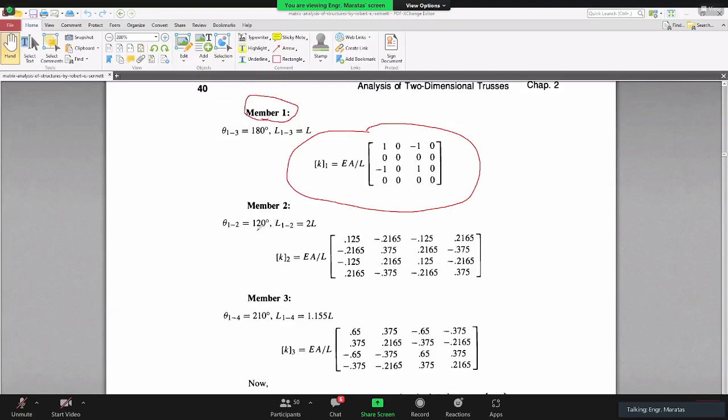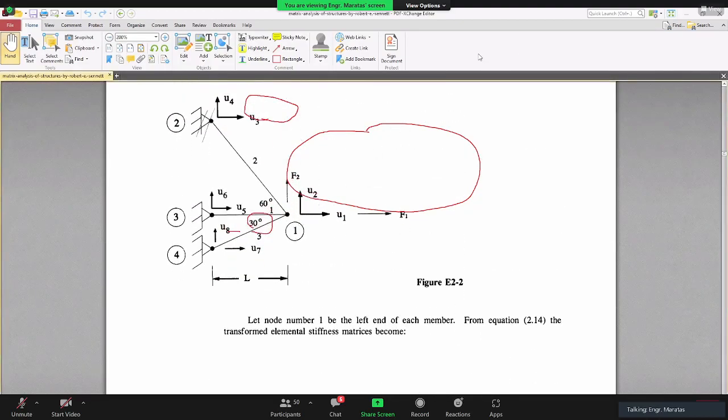And for member 2, our angle is 120 degrees, from 1 to 2. Let's go back to the diagram. From 1 to 2, this angle is our theta.